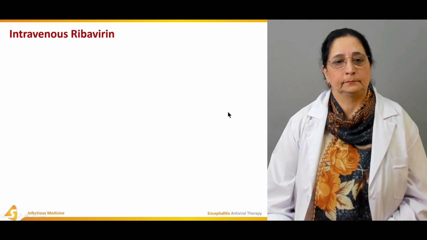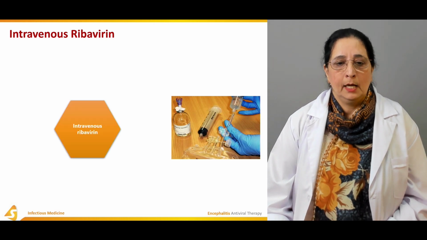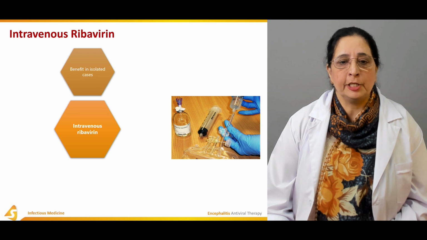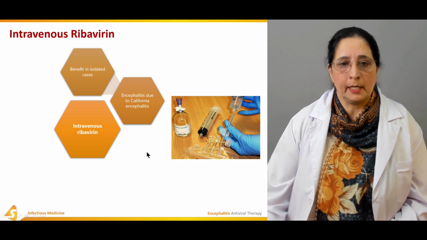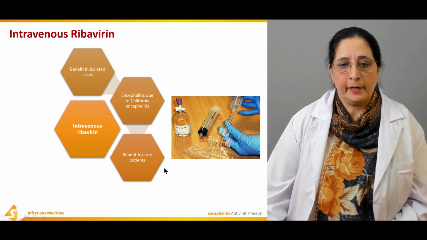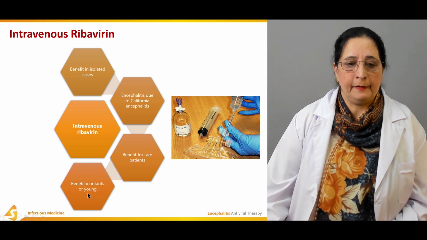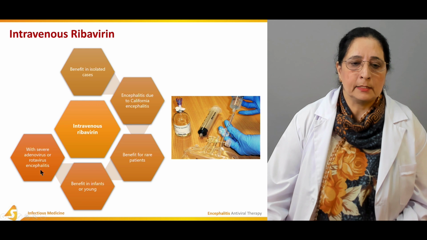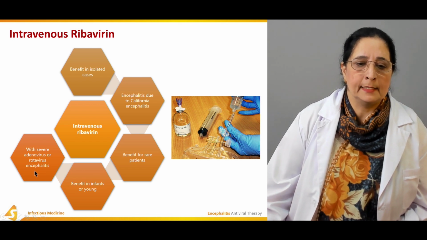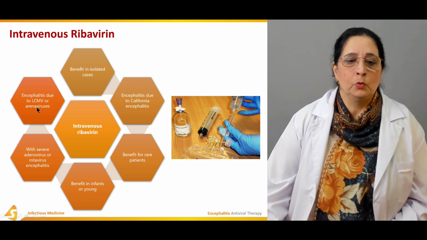Next is intravenous ribavirin therapy, which is of benefit in isolated cases. Encephalitis due to California encephalitis, benefit for rare patients; benefit in infants or young children with severe adenovirus or rotavirus encephalitis; encephalitis due to LCMV or arena viruses.